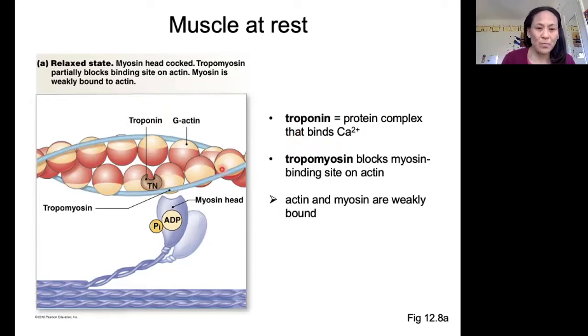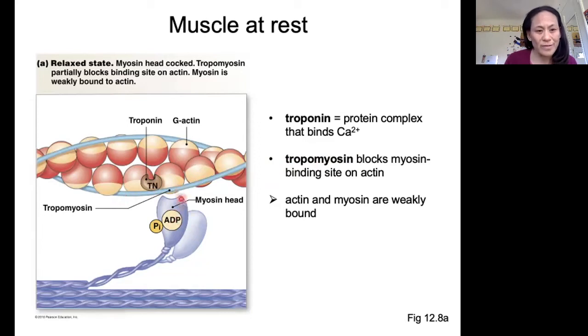After troponin, we've got this long blue cord-like structure, which is a protein called tropomyosin. And what tropomyosin does is that it blocks the site on actin for myosin to bind to it. Okay, so it partially blocks it.